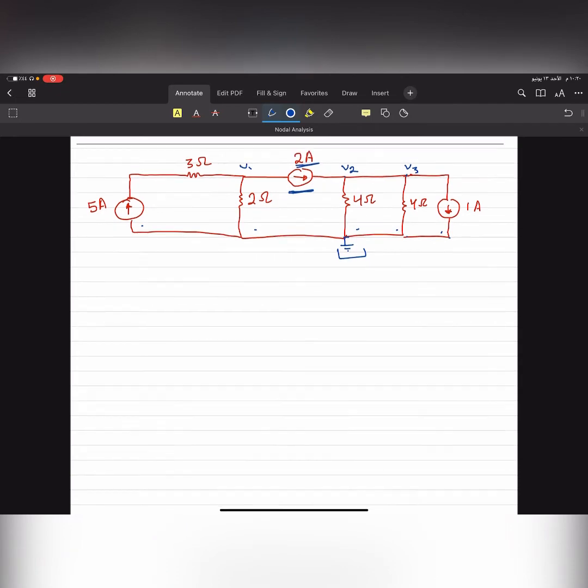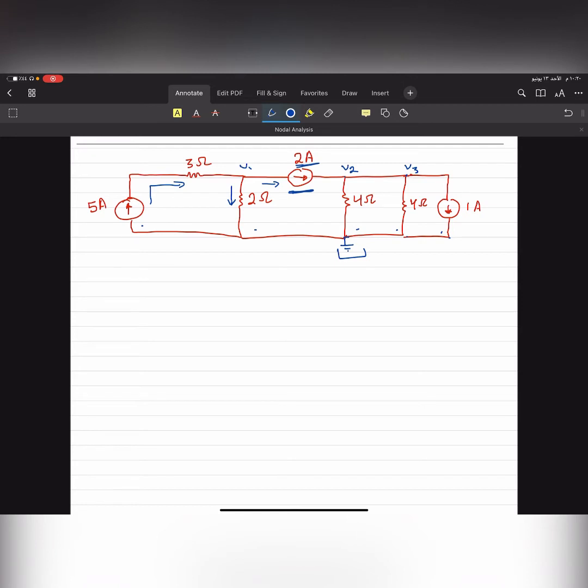And V1, an entering current, this one is entering. Here we assume that this one is leaving, and for this one we are not assuming because we see it's leaving, since the arrow here is pointing out, okay? So we don't have to assume anything here.